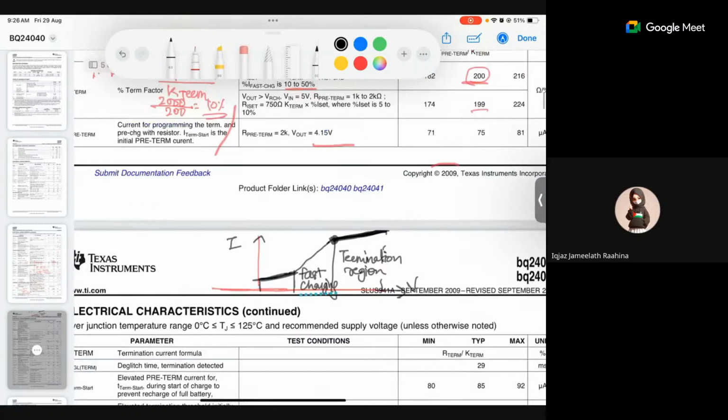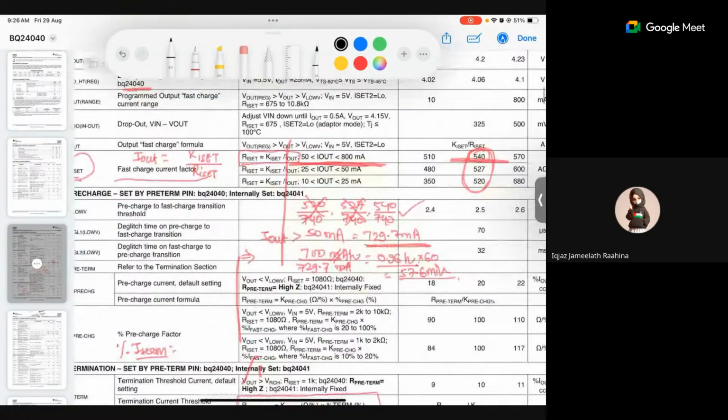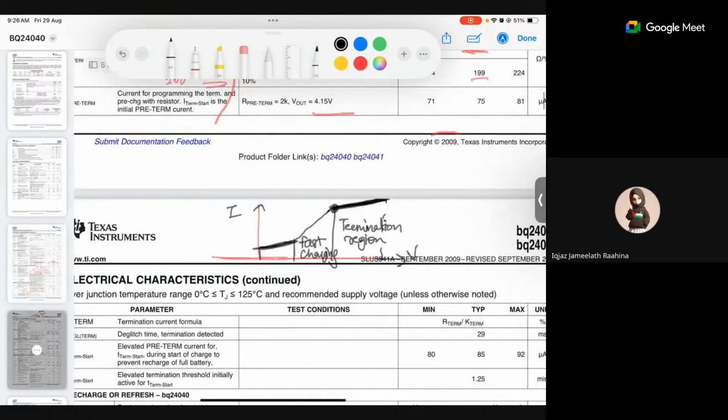We see that the total current is 729, and the termination current is 10% of that. So how much does the current come down? 729 times 10% is 72.9 milliampere. So in this region only, 72.9 milliampere of current will be increased.